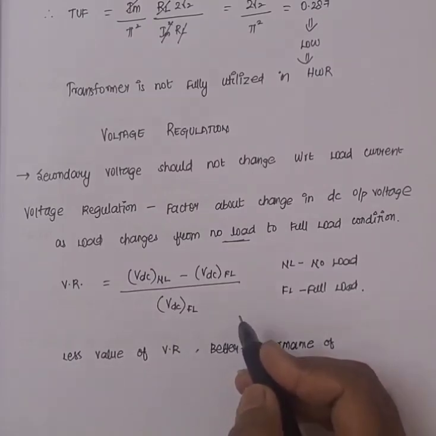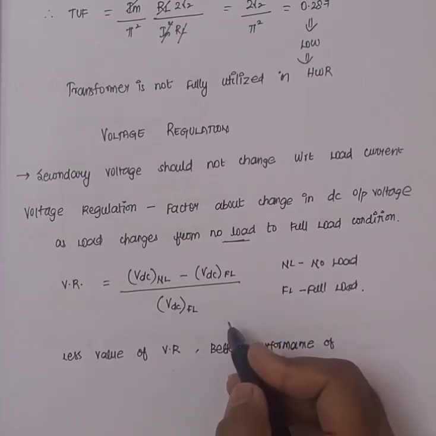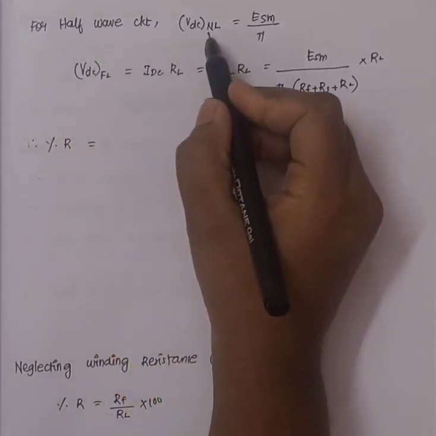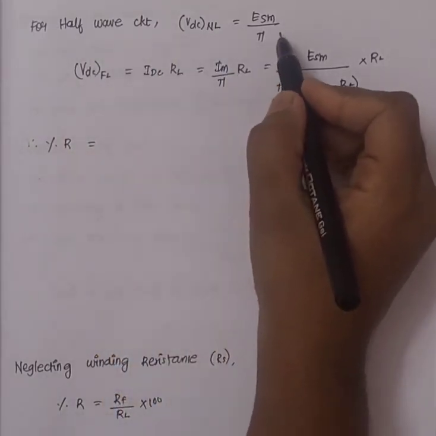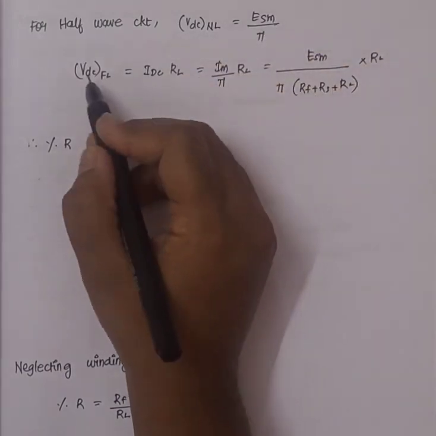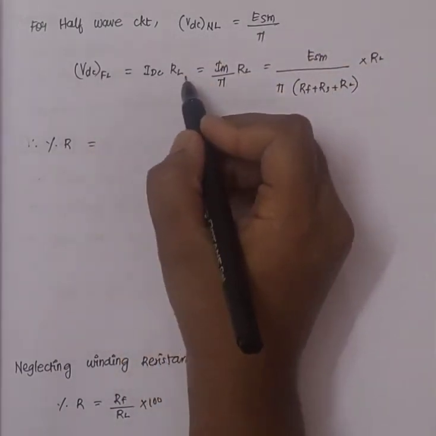Now let us derive the value of voltage regulation specifically for a half wave rectifier. For a half wave circuit, VDC under no load condition will be equal to secondary voltage divided by pi, and under full load condition VDC will be equal to IDC into RL.